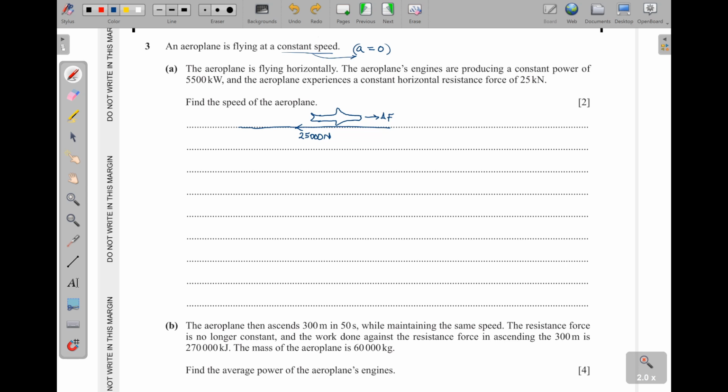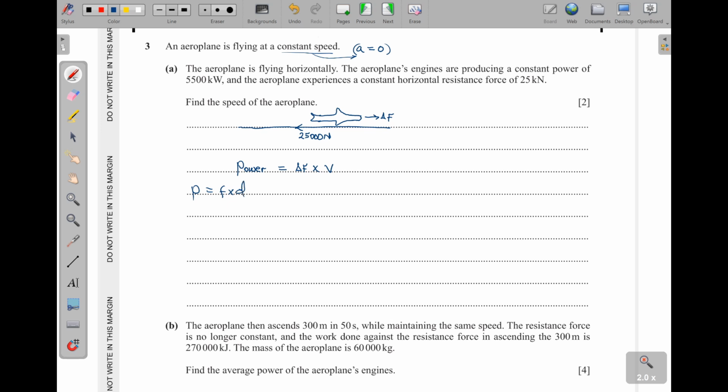Now, acceleration, we know that one is 0, but then we know that power is equal to the driving force here times the velocity. Remember, power is the rate of doing work. Work is force times distance.